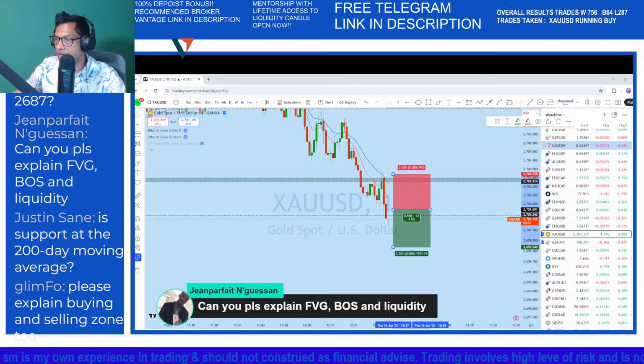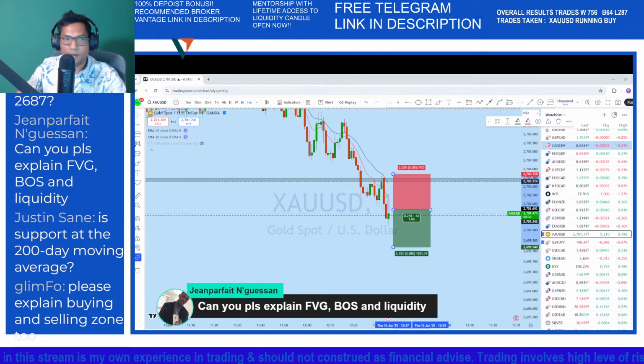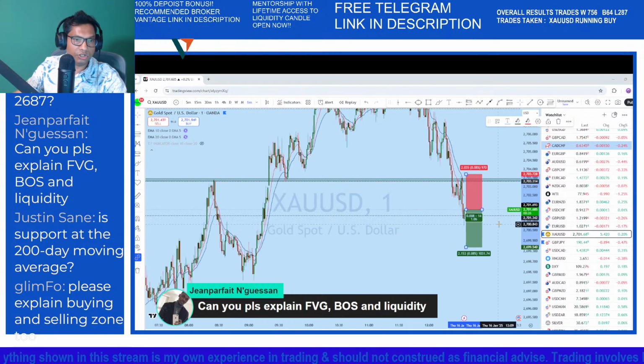So here is the market in a downtrend at the moment, and we'll be waiting for the price to potentially give a downward pressure.